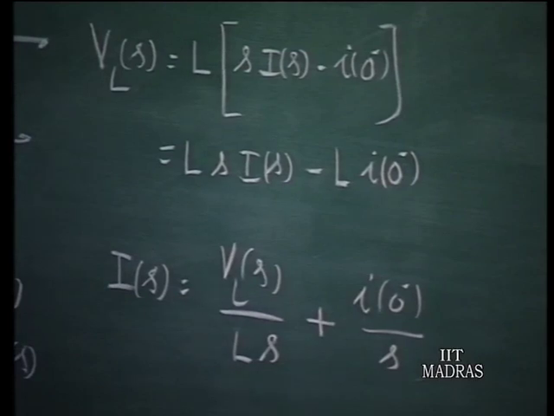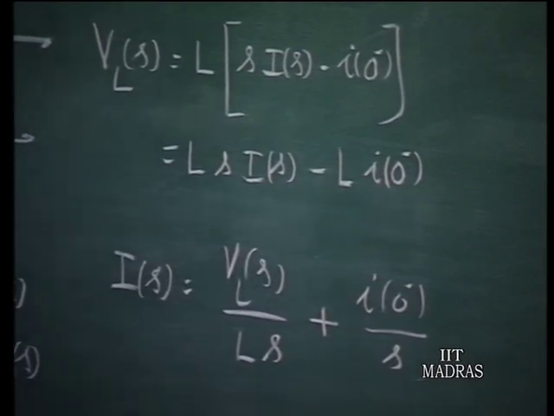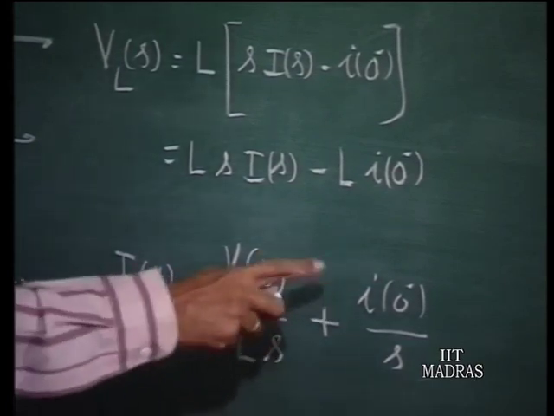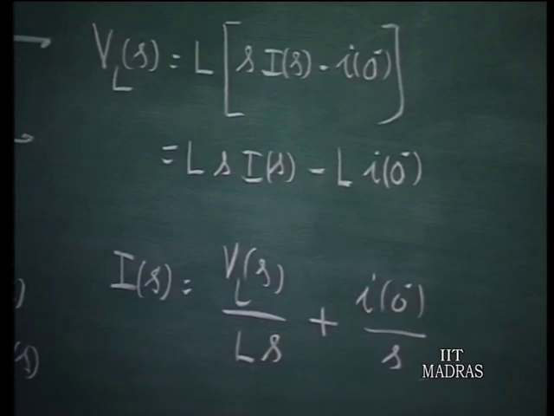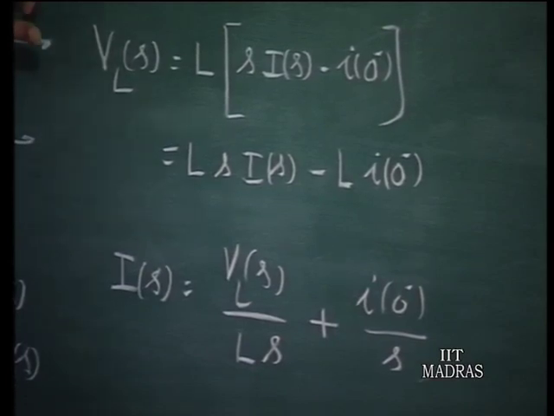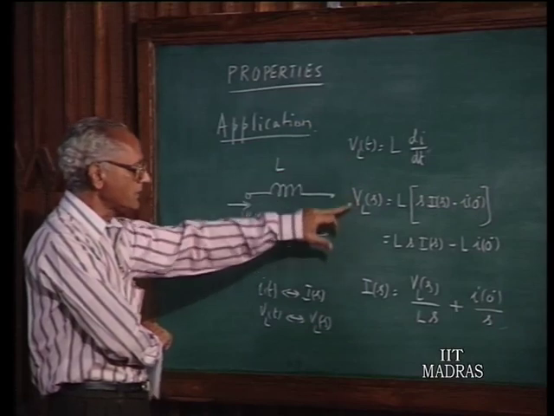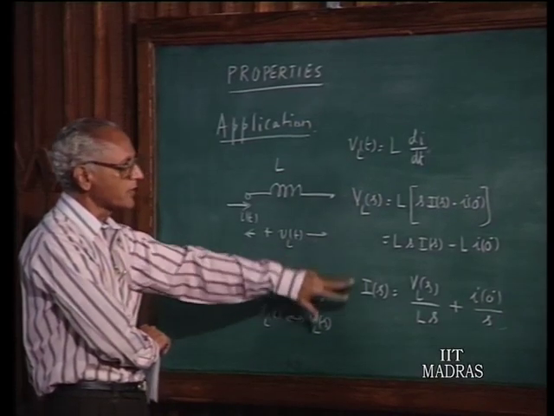So, that gives you an alternative expression relating the terminal current and terminal voltage in the Laplace transform domain. I of s is V_L of s over Ls plus I0 minus over s. So, both these equations now are the terminal equations of an inductor in the transform domain. This is the terminal equation of an inductor in the time domain. These are the equations in transform domain. Both are equivalent to each other.